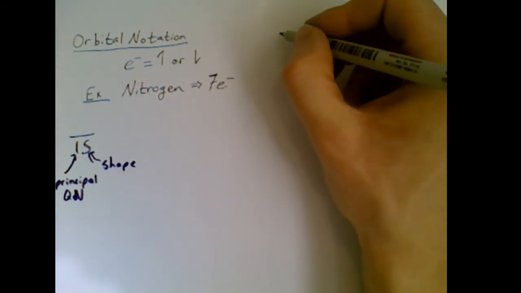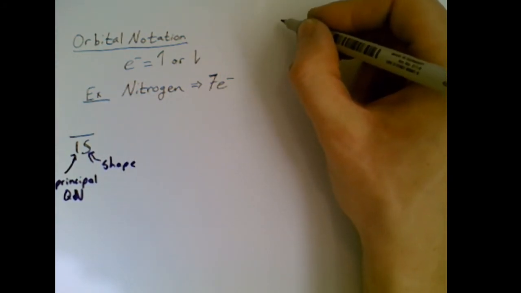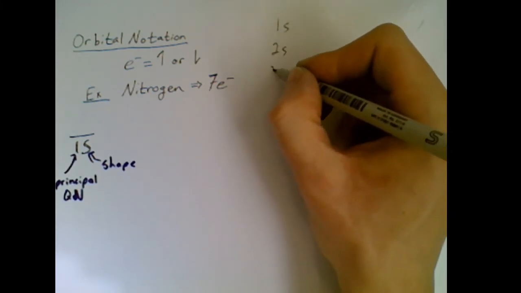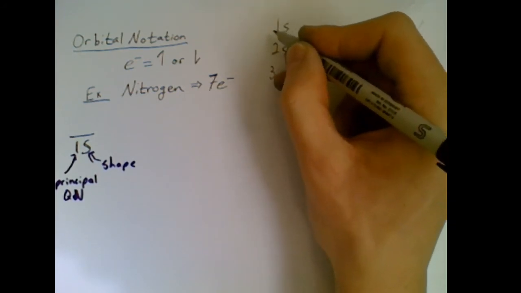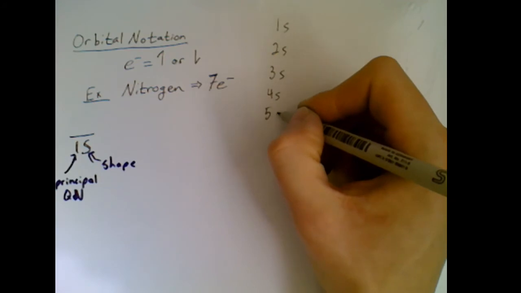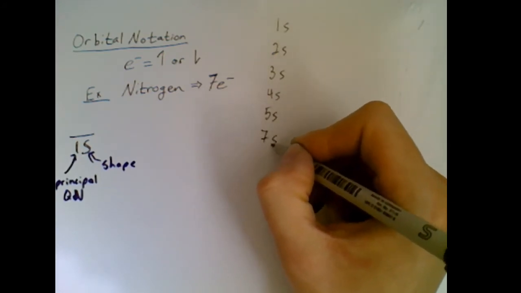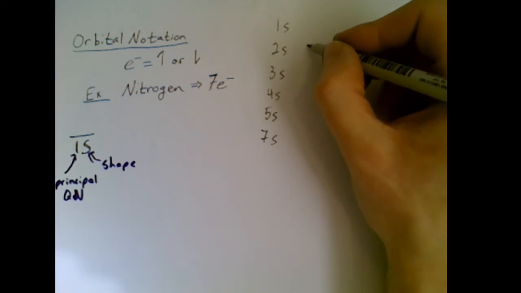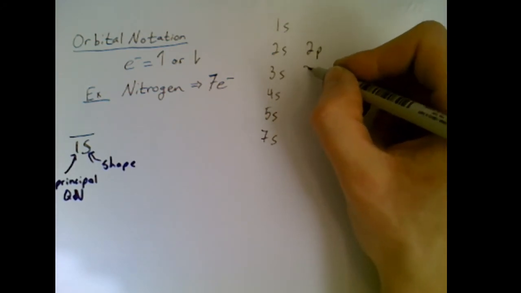There's a way that you can remember this, and then I'll show you later on how you never have to use this. But I'm going to make a list of all of the possible s orbitals. They start at the first energy level, and they work their way up. And there are in total 7 energy levels. And then I'm going to make a list of all the p energy levels, and they start at the second energy level.